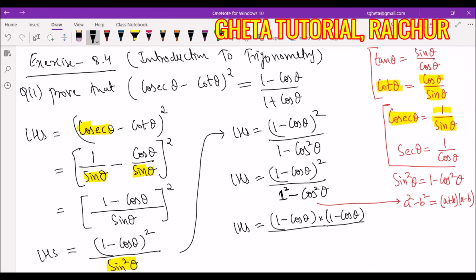So I can write this as 1 plus cos theta into 1 minus cos theta. Now I can cancel 1 minus cos theta. So the final answer I got here, LHS is equal to 1 minus cos theta divided by 1 plus cos theta, and this is called the RHS. So hence proved.